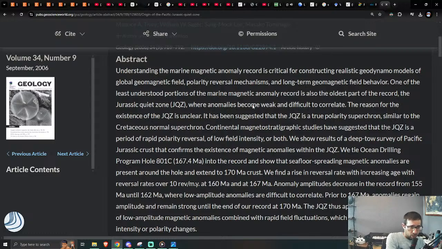One of the least understood portions of the marine magnetic anomaly record is also the oldest part of the record, the Jurassic Quiet Zone. So everything that we see begins with the Jurassic Quiet Zone. That's interesting. Where anomalies become weak and difficult to correlate.